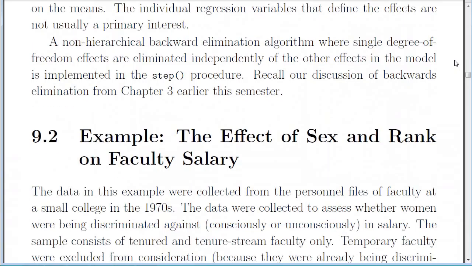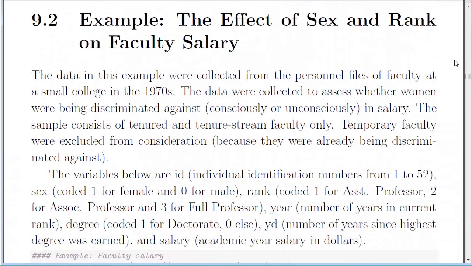Okay, so that is what I wanted to say for the introduction of this chapter. In the next video, we'll be looking at this fairly complicated example to look at the effect of sex and rank, that's professor rank of assistant, associate, or full professor, on the faculty salaries from a small college from the 1970s.